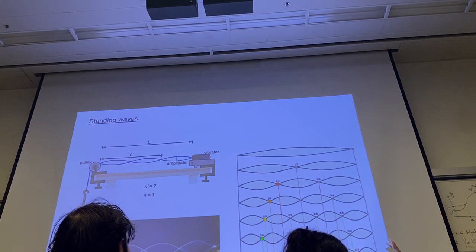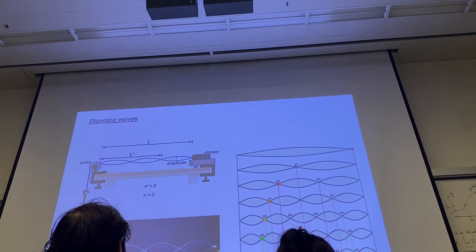All of these waves that you see here have the same condition that at the edges it disappears to 0, and the only difference is that you add every time half a wave more. Okay? That's the same thing as we did last time with the electron. Every time we add half a wave more, we can fit another solution into the box. Same here. You can fit another tone into your guitar.